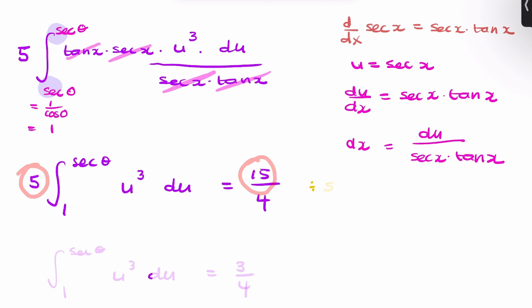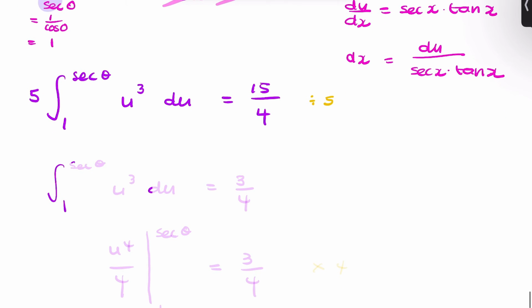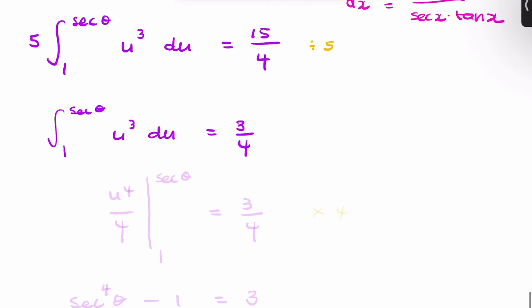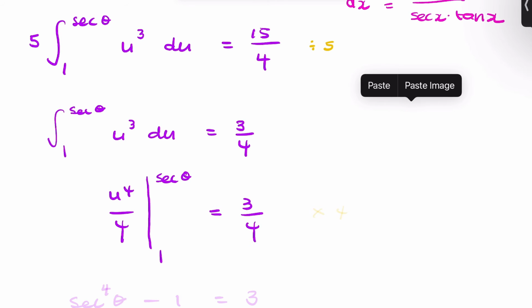If I divide both sides by 5, I then have the integral from 1 to sec theta of u cubed du equals 3 over 4. And the integral of u to the power 3 is simply u to the power 4 over 4. And then we have our limits from 1 to secant theta equals 3 over 4.